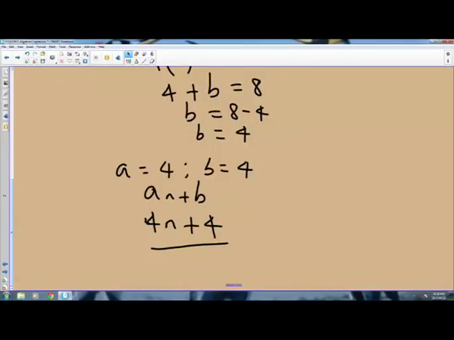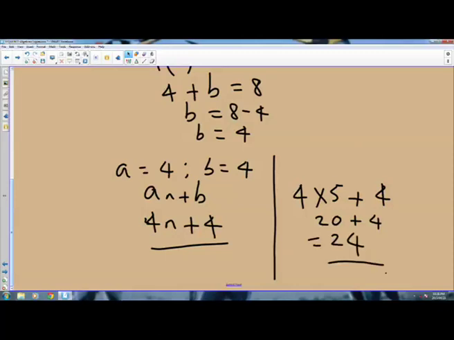So this will be 4 times 5 plus 4. And we know that you have to multiply first. So this will be 4 times 5 is 20, plus 4. This gives 24. So the algebraic form is correct.